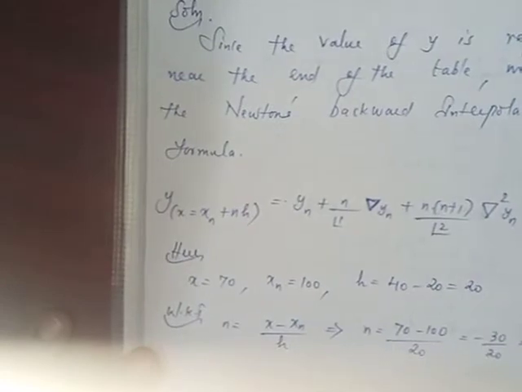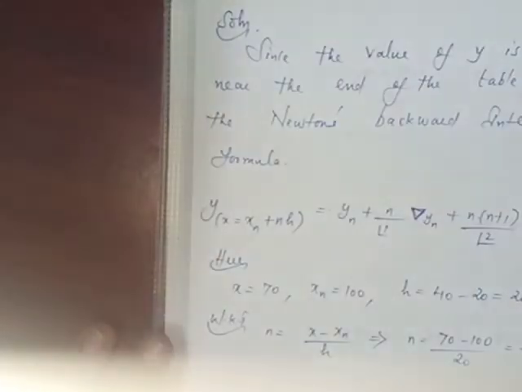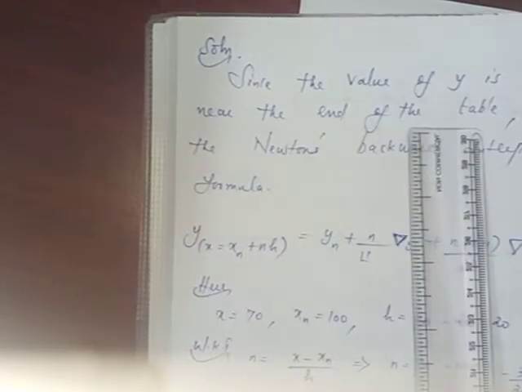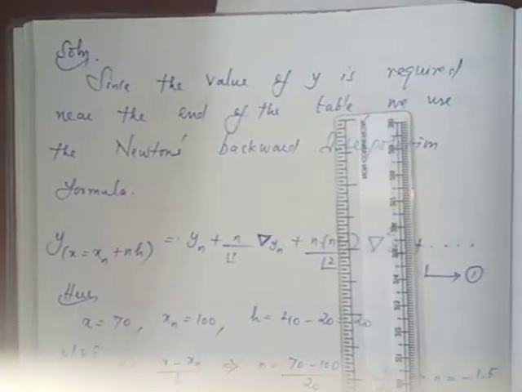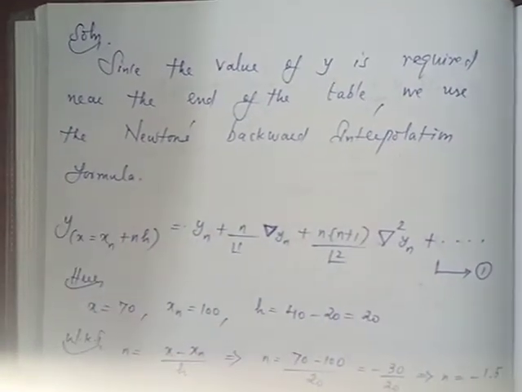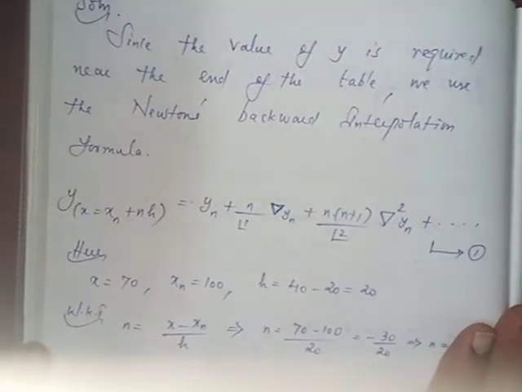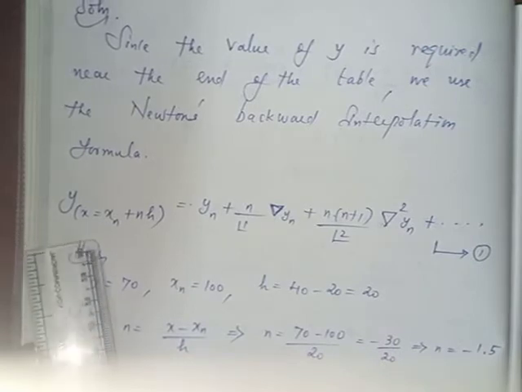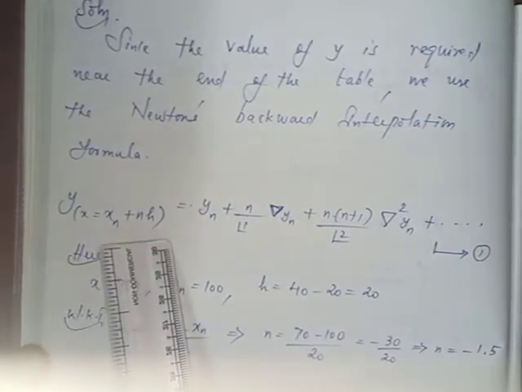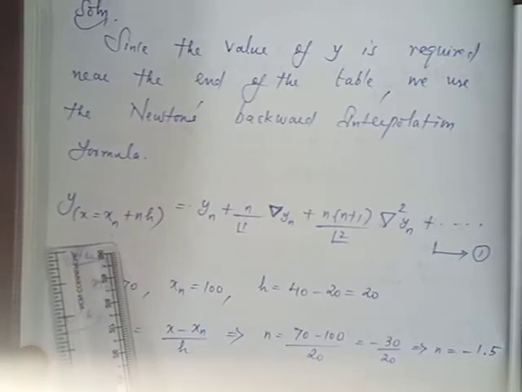Okay, listen. Since the value of y is required near the end of the table, we use Newton's backward interpolation formula. Here is the formula. y at x equals xn plus nh. In the forward formula we use x naught; here, instead of x naught, you have to use xn.